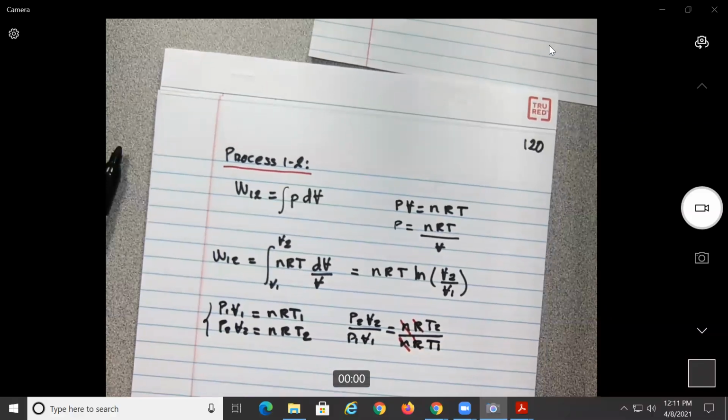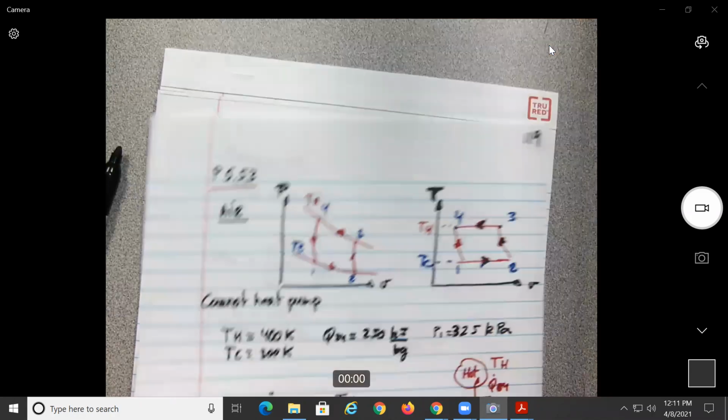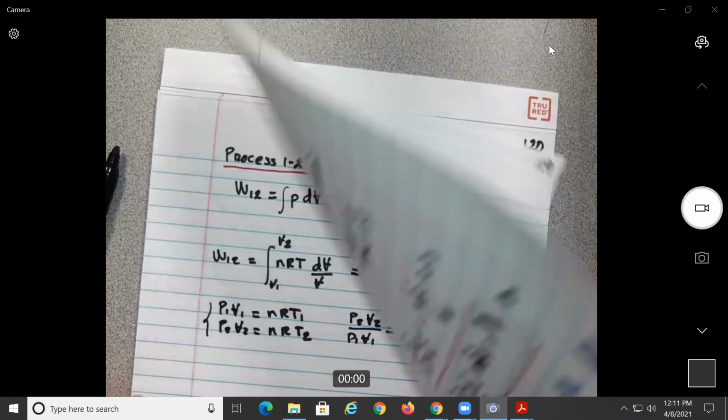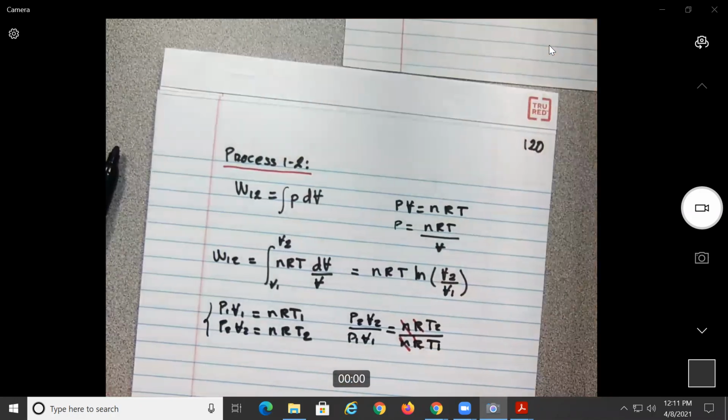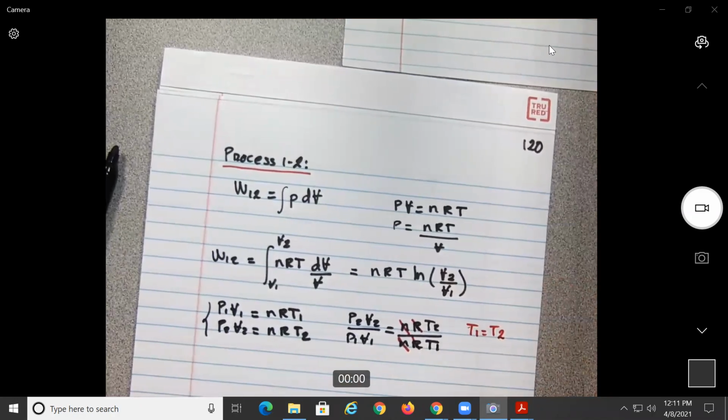They're both T_C. So, from the figure here, between 1 and 2, this is isothermal. So that means that it's equal. We'll say T1 equals T2.